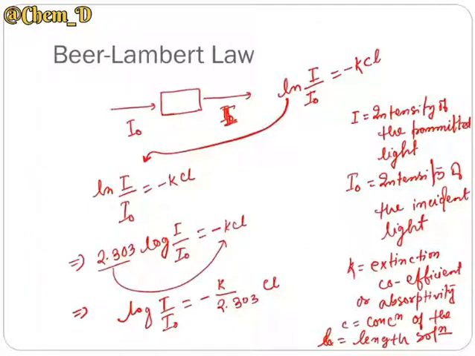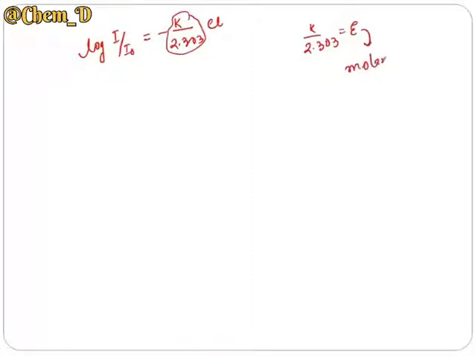Now this k by 2.303 is equal to E. This E is called the molar extinction coefficient.